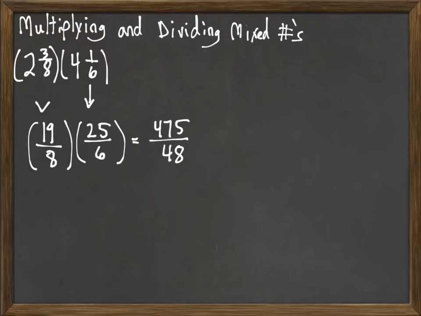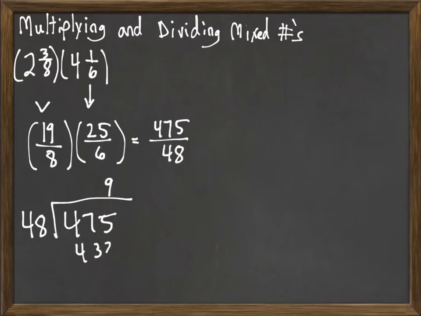There is an additional step, though. Generally speaking, if your problem starts out with mixed numbers like we did, a lot of times they're going to want you to give the answer as a mixed number. Now, if they don't say you have to write it as a mixed number, then that answer is perfectly fine. Remember, to go back to a mixed number, we have to divide 48 into 475.